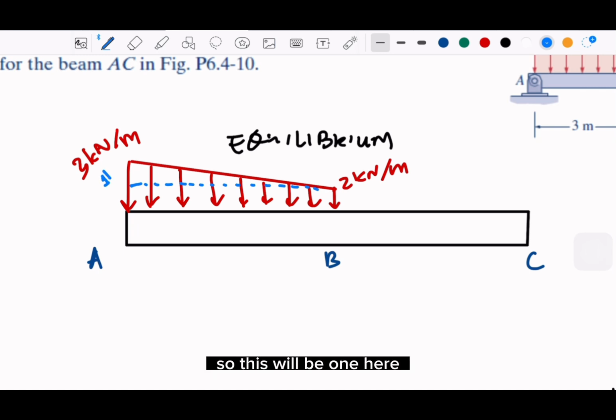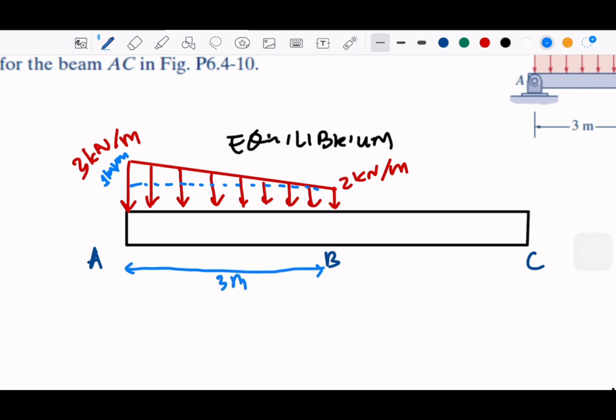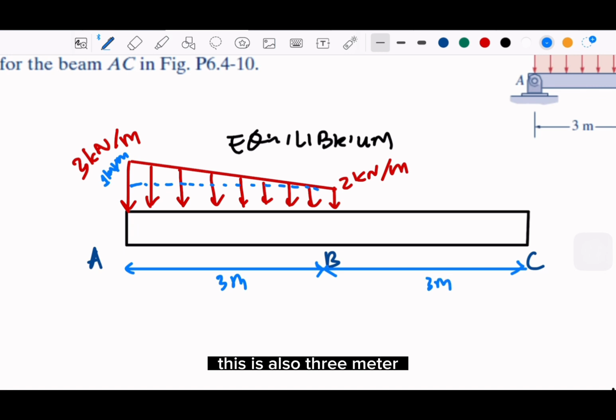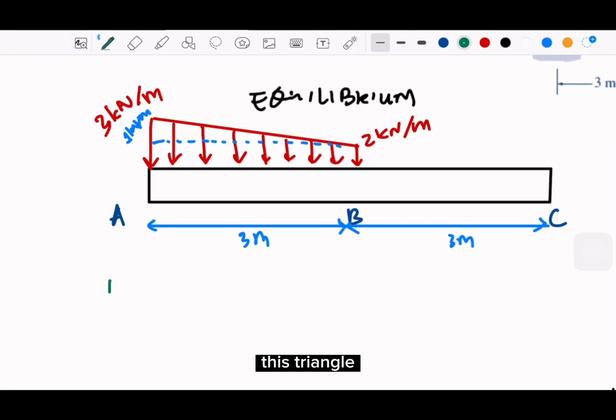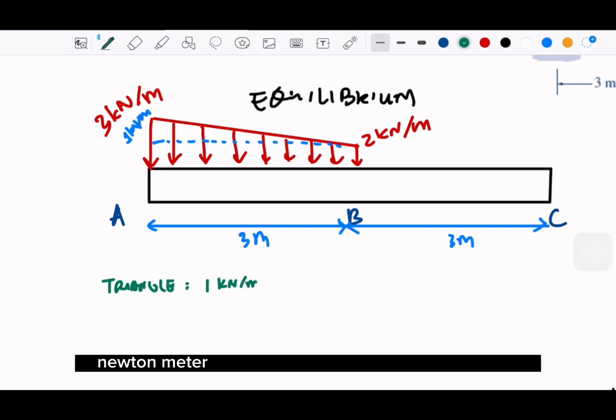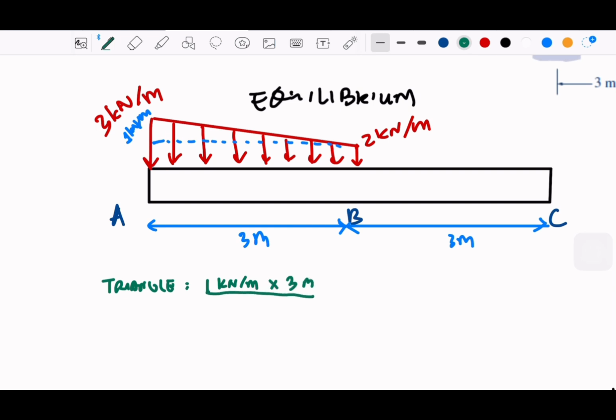So this will be 1 here, and this will be 3 meters. This is also 3 meters. So let me write here, the triangle is 1 kilonewton per meter multiplied by 3 and divided by 2.